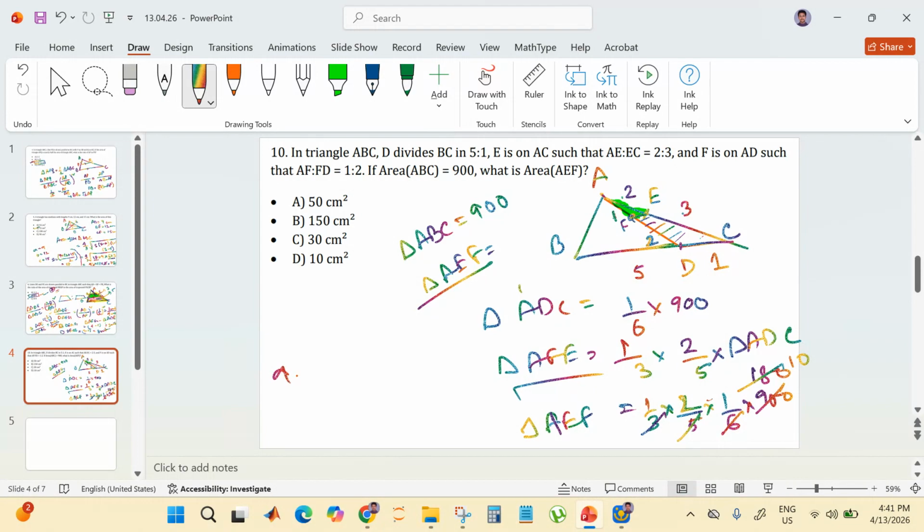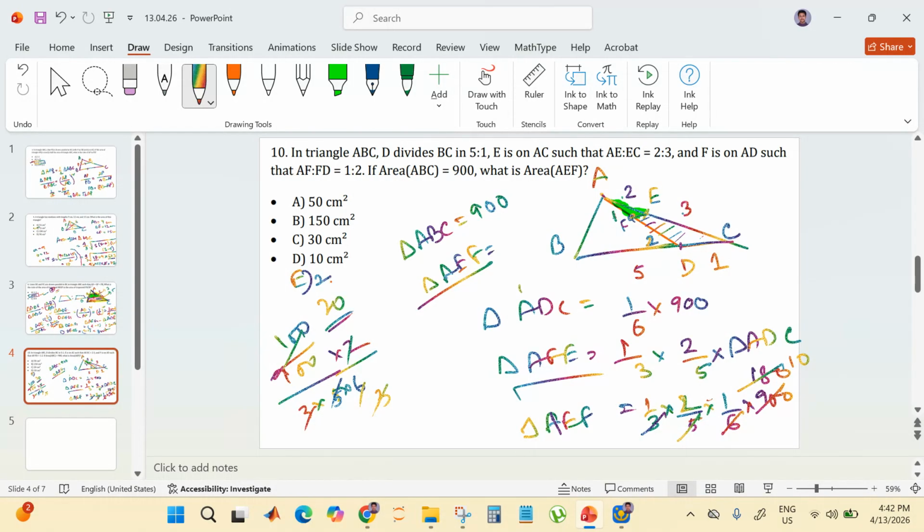Just again find 900 by 3 into 5 into 6 into 2. So 2, 3, 9, 3 3s are 9, it is 100. Ah, it is 20. I think the question has some problem. It should be 20, okay.